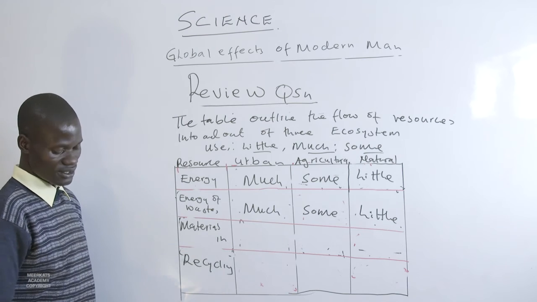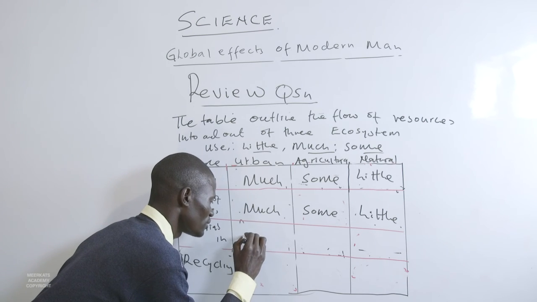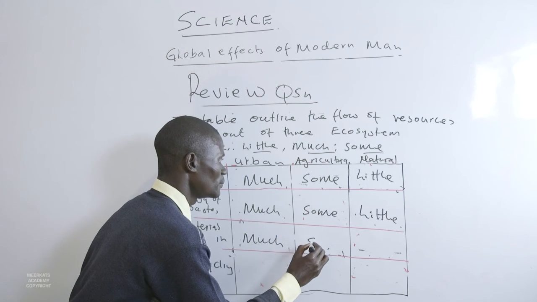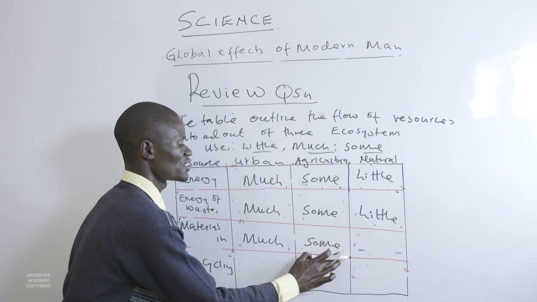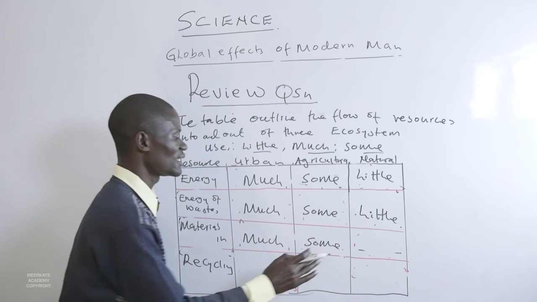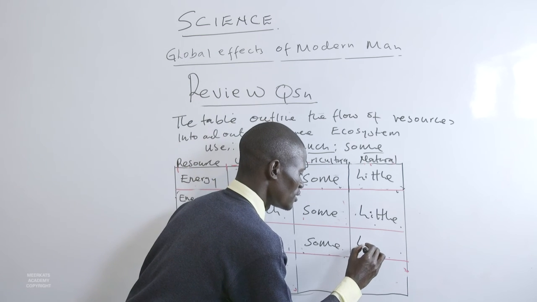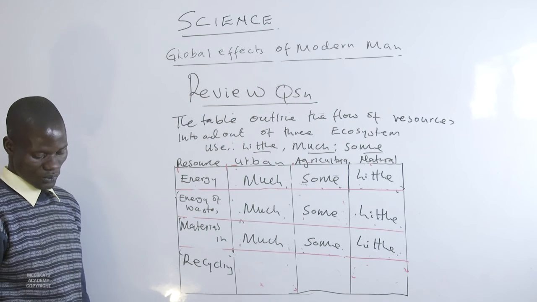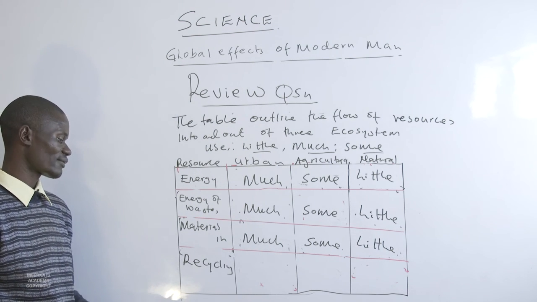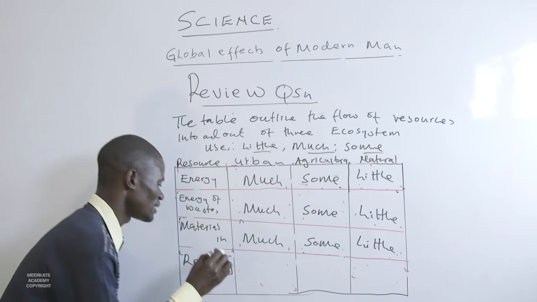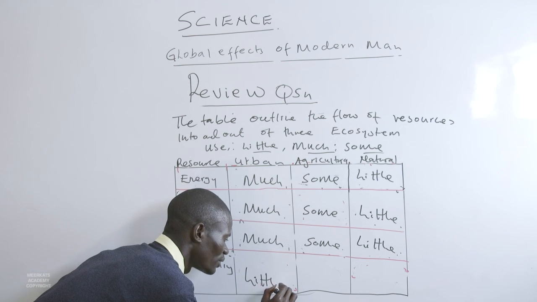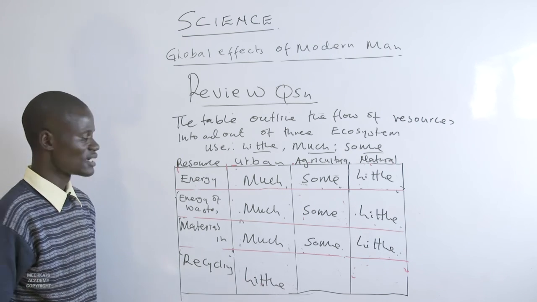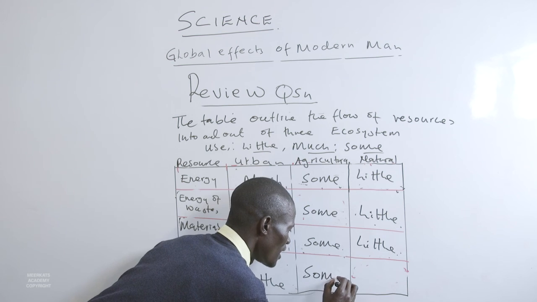When you look at the materials that come in, much of the materials are coming in from the urban center, while some are coming from the agricultural activity, and they have very little flow in the natural. What about the recycling resources? They have very little which comes from the urban center.